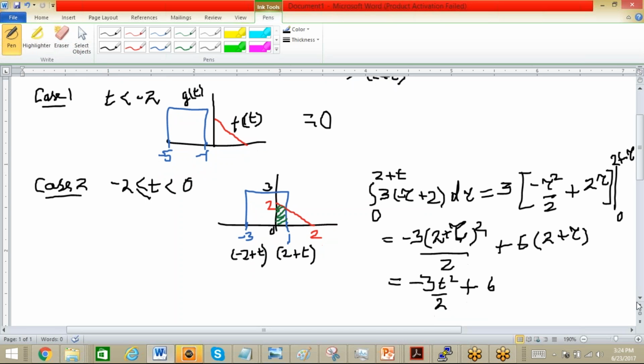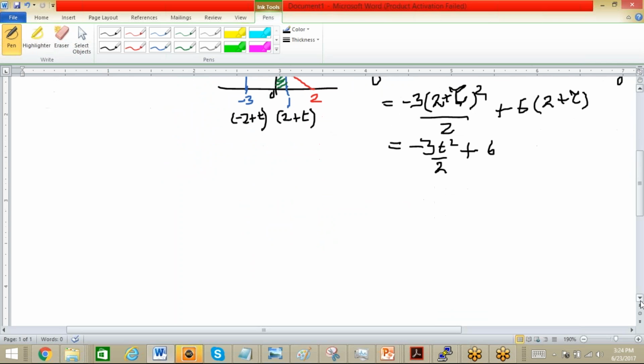Similarly, let's move towards the third case, that is case number 3.